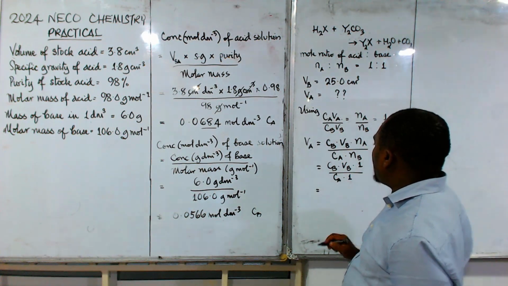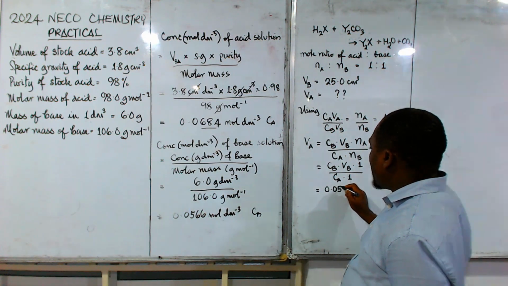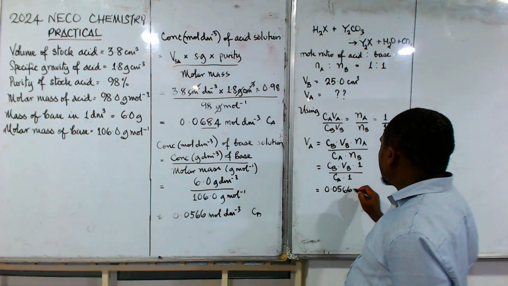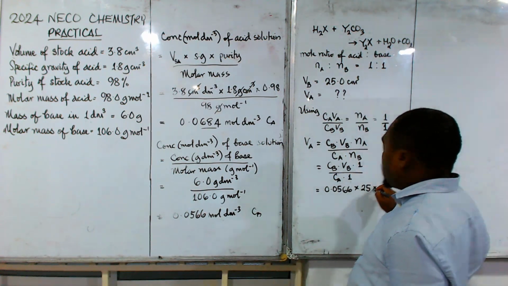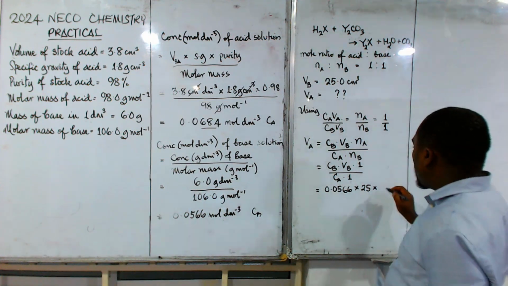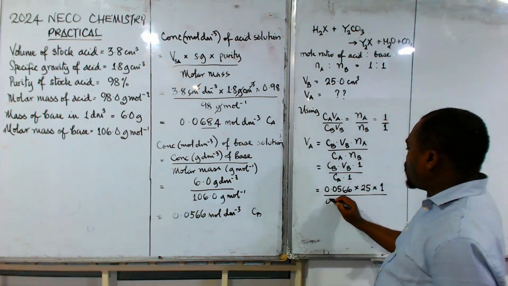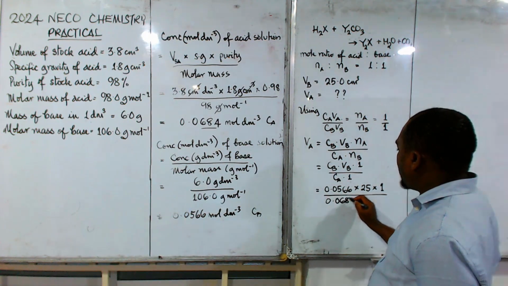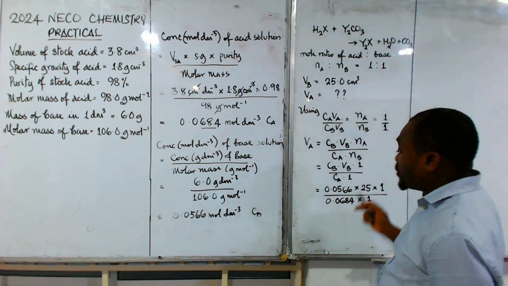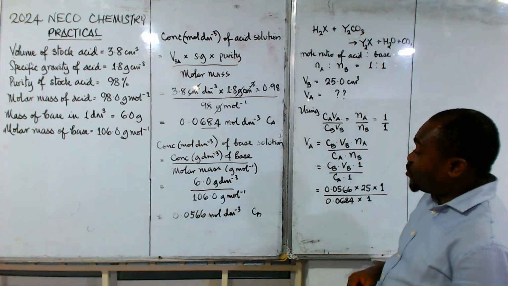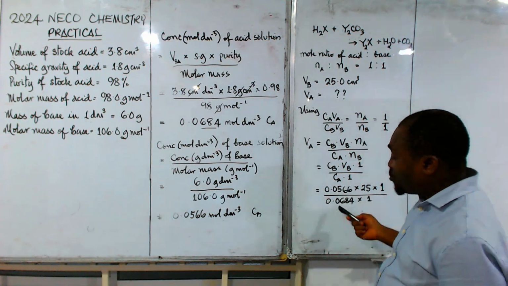So by the time we substitute, our Cb is 0.0566 times our Vb, which is 25, times 1, all over our Ca, which is 0.0684 times 1. Now we don't need to convert this to cm cube, since the concentration units will cancel out, right?